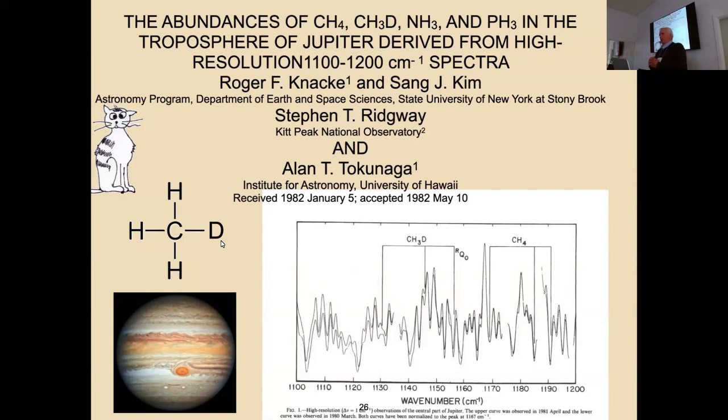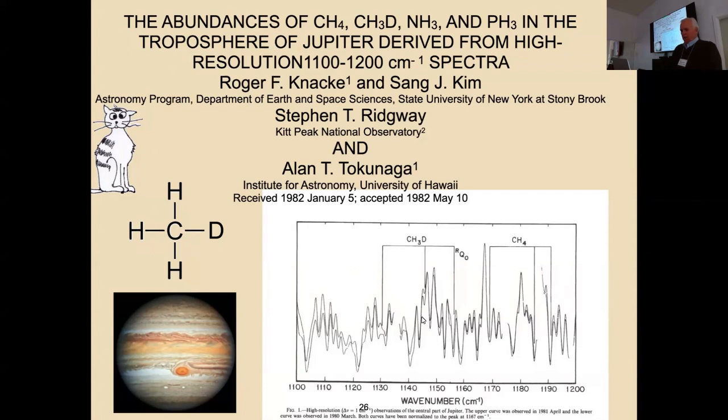But the idea was that Jupiter is a cold place where the deuterium is not ripped apart, and Jupiter is about 4.5 billion years old. So it gives us a window on what the deuterium was 4.5 billion years ago, if we could measure deuterium. And we did.